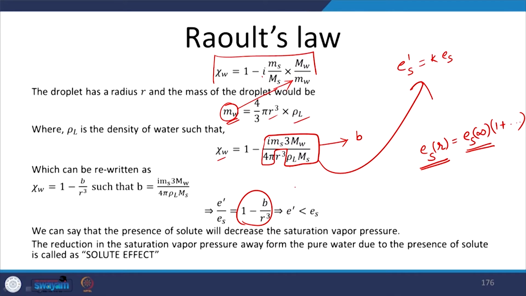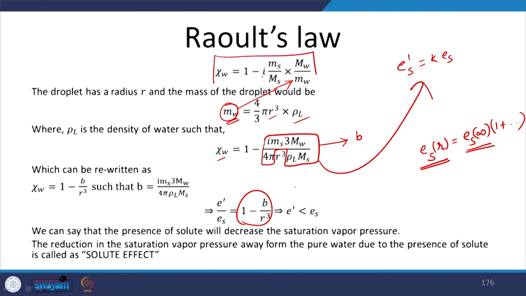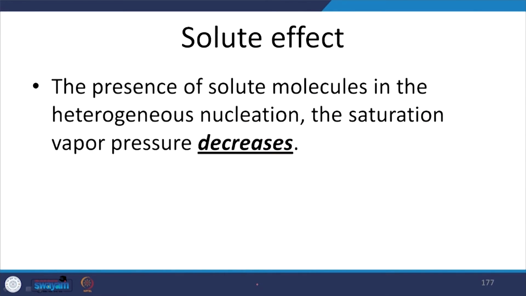The reduction in the saturation vapor pressure from that of pure water due to the presence of solute is called the solute effect. Now we have seen how we can write the saturation vapor pressure over a plane surface of water, right. So this is what is called the solute effect, right. So the presence of solute molecules in heterogeneous nucleation makes the saturation vapor pressure decrease.